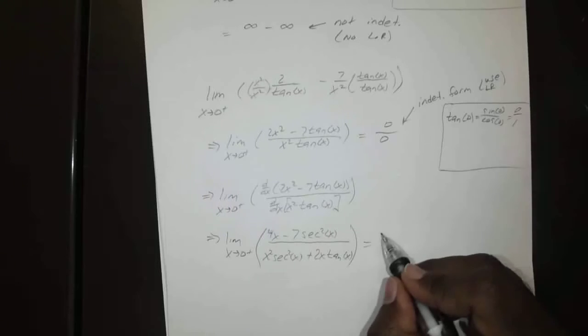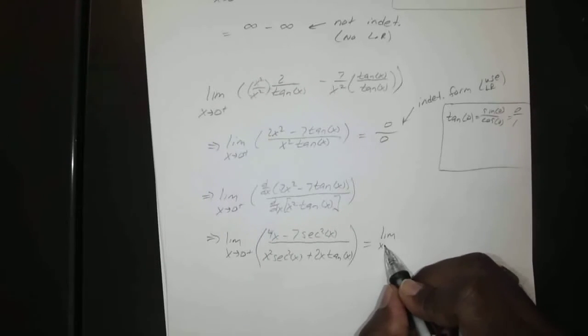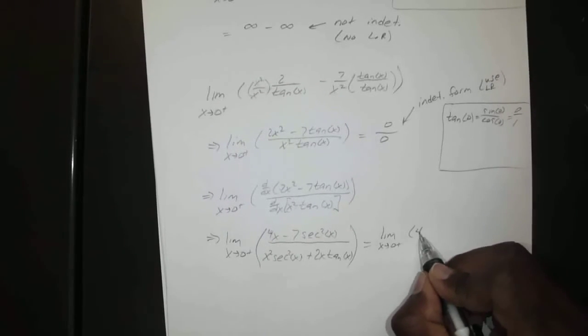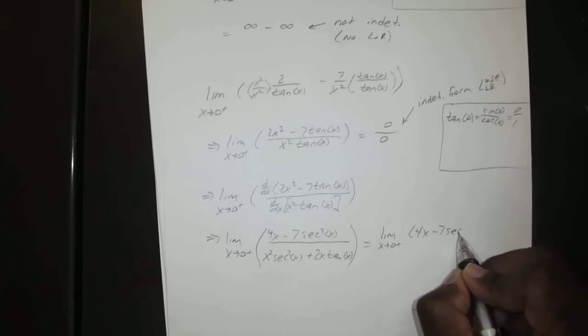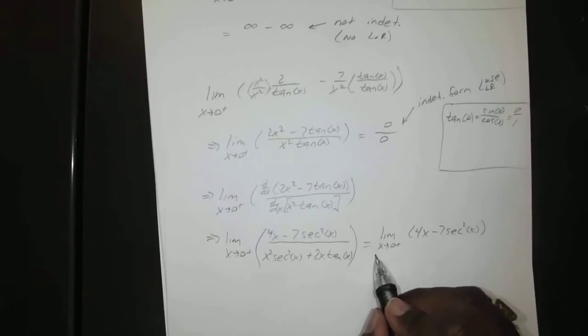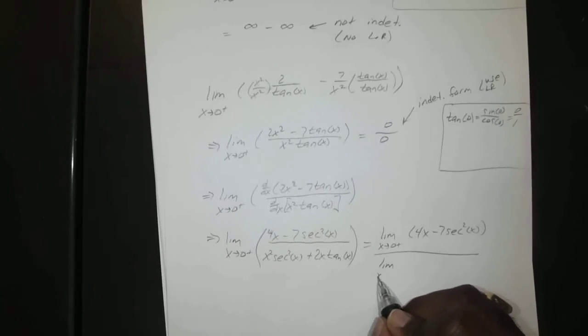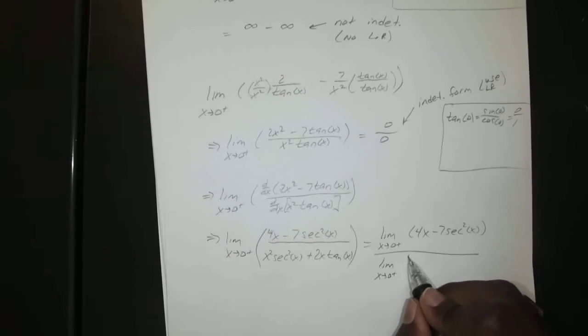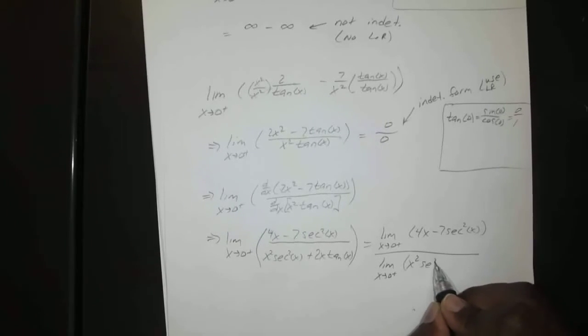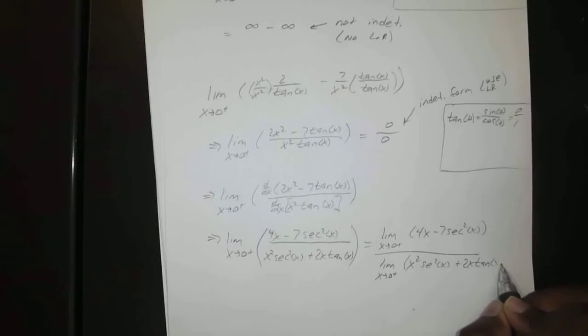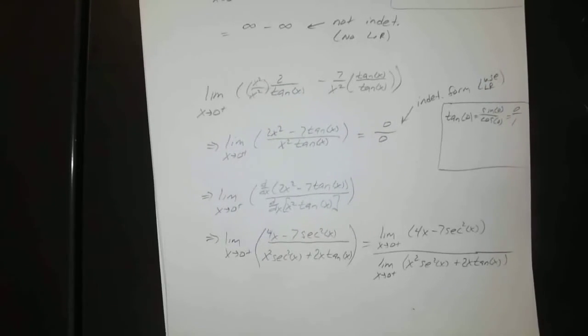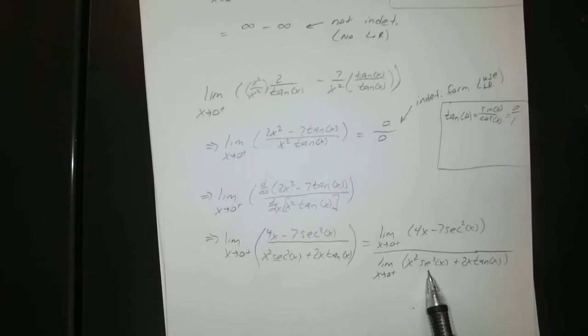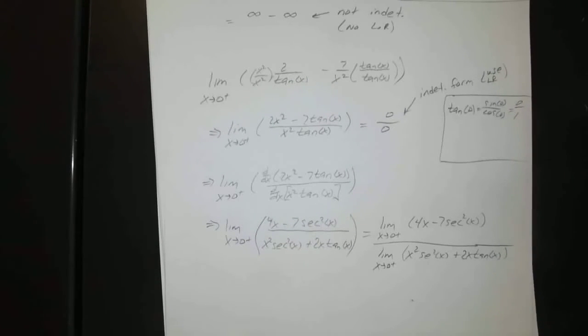Okay, so if we apply the limit to both of those, 4x minus 7 secant squared of x divided by the limit as x approaches 0 from the right of x squared secant squared of x plus 2x tangent of x. Here we actually get a limit approaching 0, because as it gets closer and closer to 0, this just gets smaller and smaller.